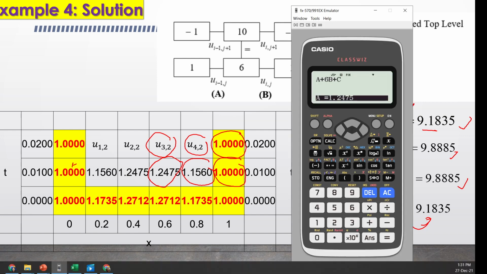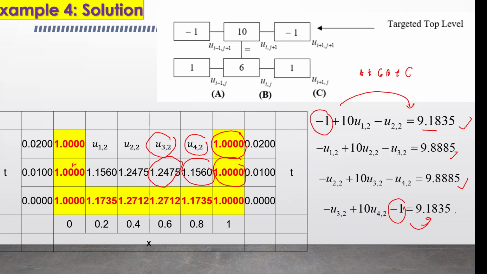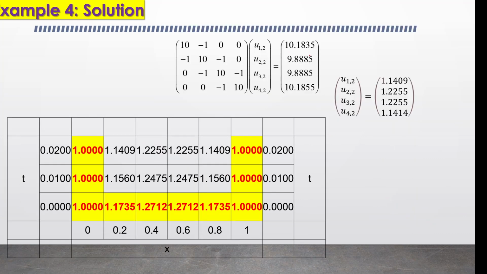Calculate: A is 1.2475, B is 1.156, C is 1. You get 9.1835. And then for the first and the last equation, don't forget to take care of the left boundary and the right boundary condition. So that's what you get here.